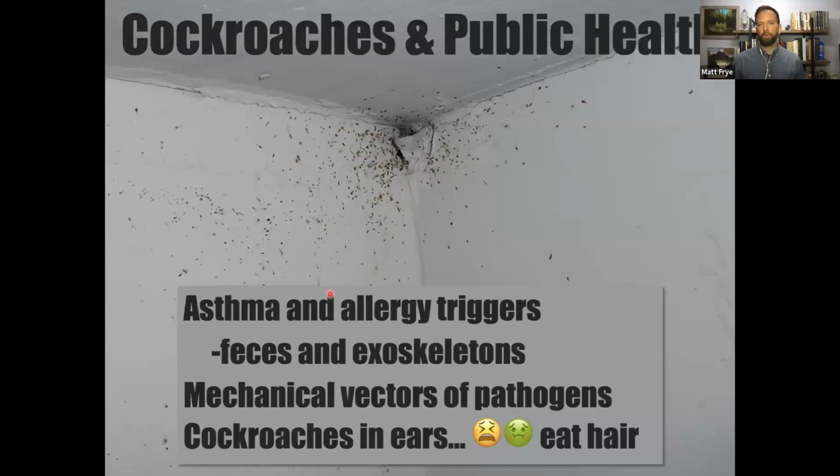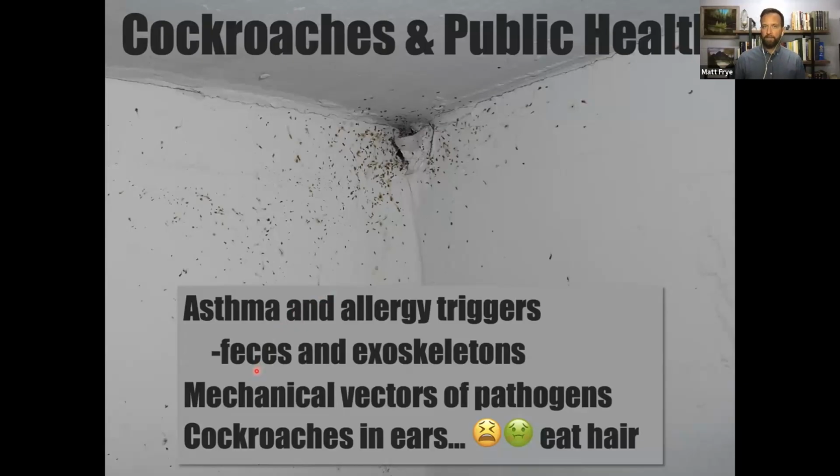School children are exposed to allergens potentially at home, potentially in school environments, leading to some serious outcomes for their exposure and learning and having negative results of those exposures. The allergens can be contained in the feces and exoskeletons as well as the saliva of these animals. We also know that cockroaches can be mechanical vectors of pathogens.